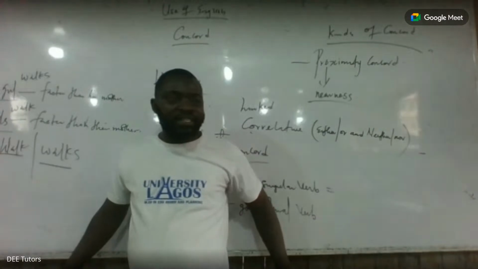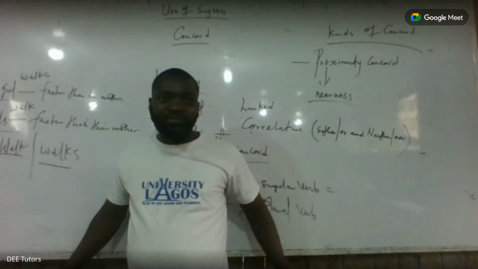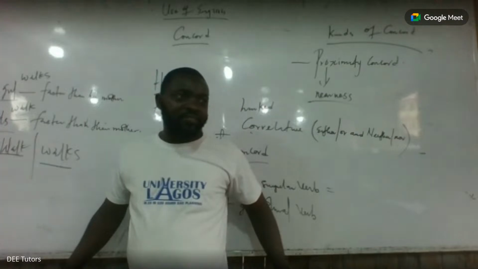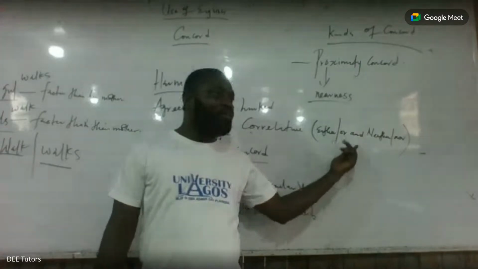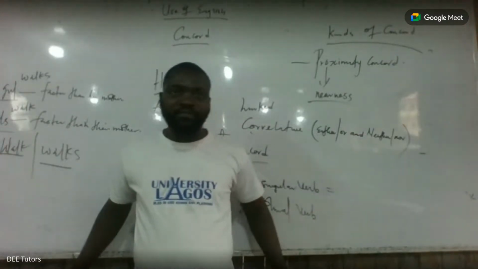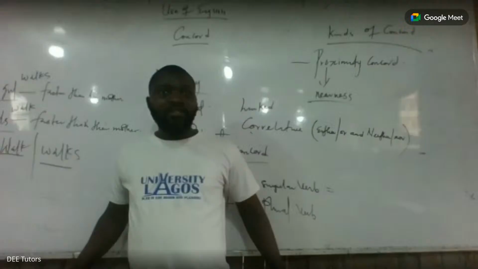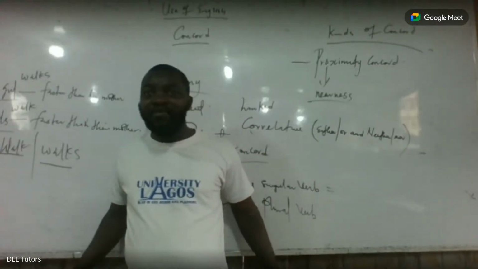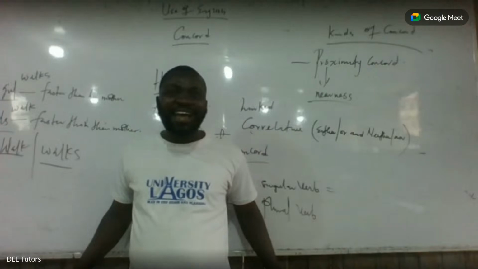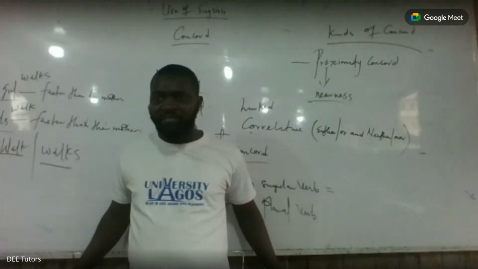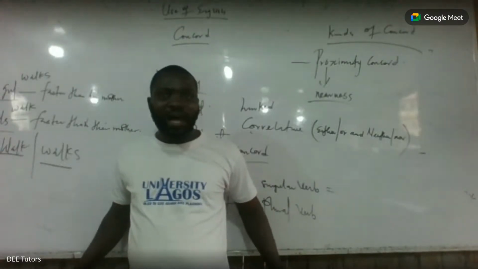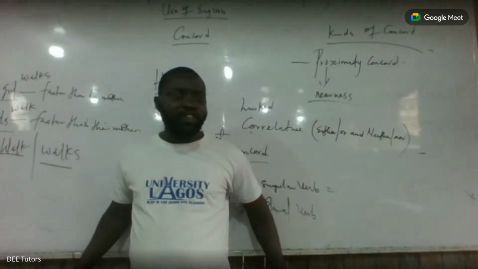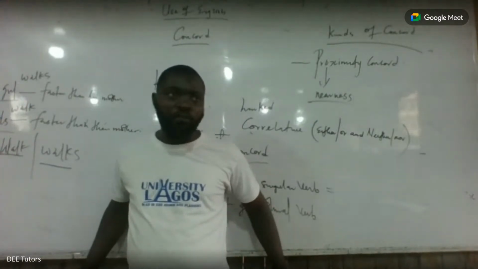I said that proximity concord is a type of concord when two subjects are linked by the correlative conjunction, either or and neither nor. You understand me? The verb to be used will be determined by the subject that is nearest to the verb. That is the subject that comes after no, or the subject that comes after or.